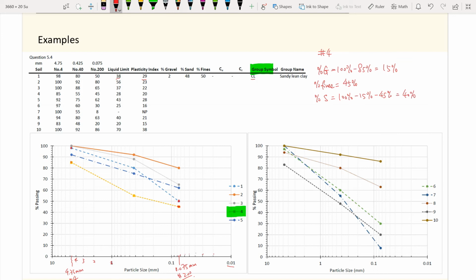So for sample number 4, we have percent gravel 15%, percent fines 45%, and percent sand 40%.